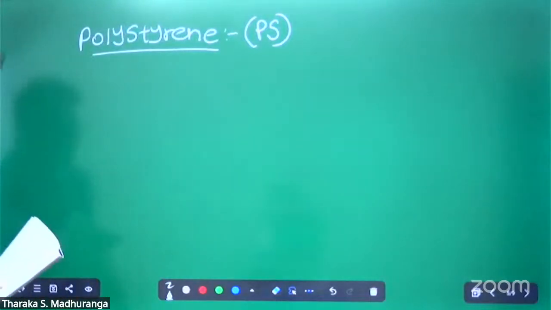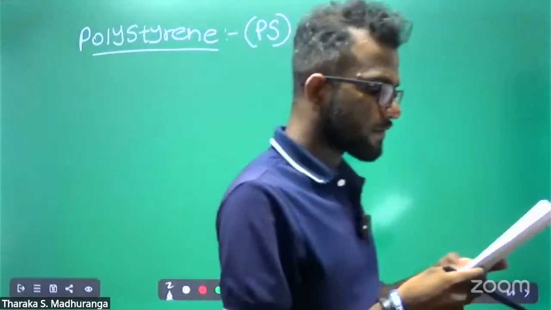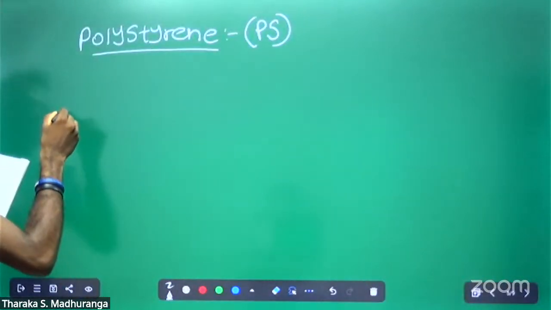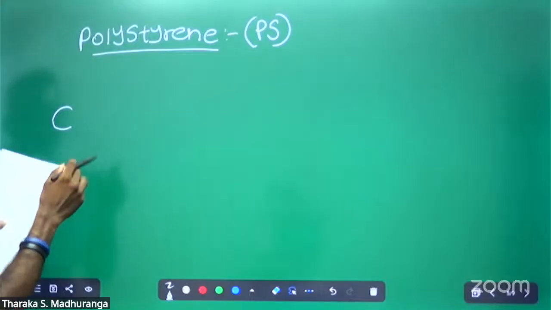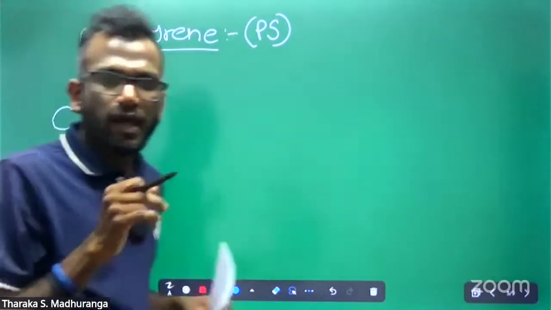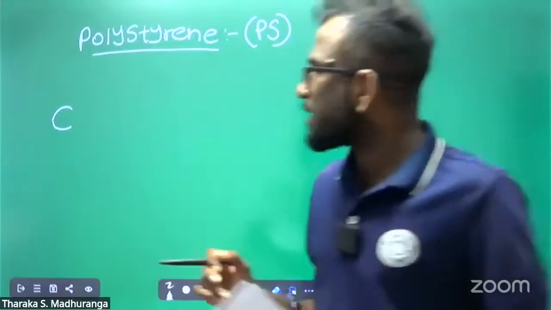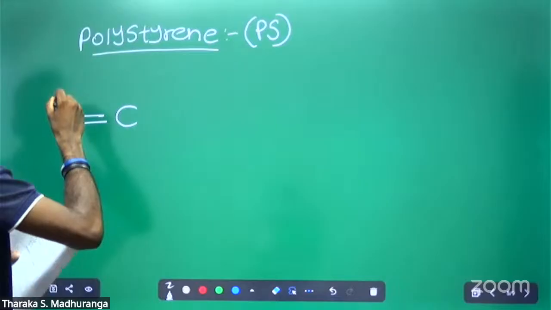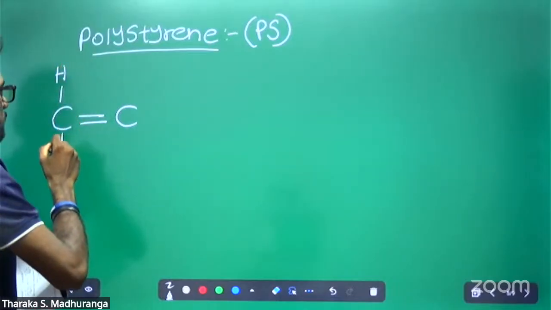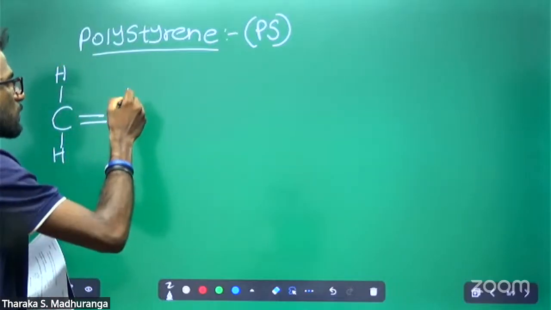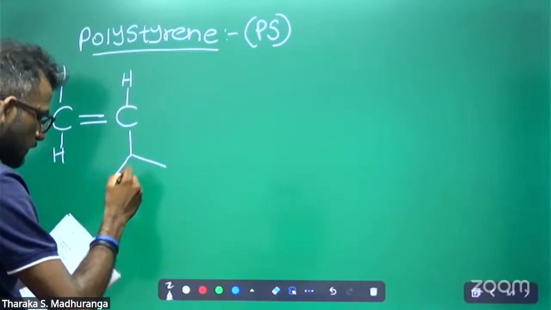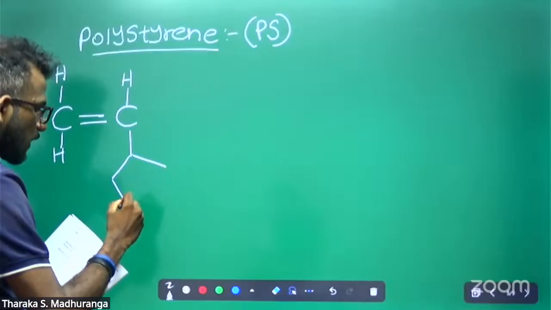Polystyrene, PS. The polystyrene is a little bit different, but the same structure. The only difference is that styrene is the monomer. It is like this: three hydrogen and one benzene structure.